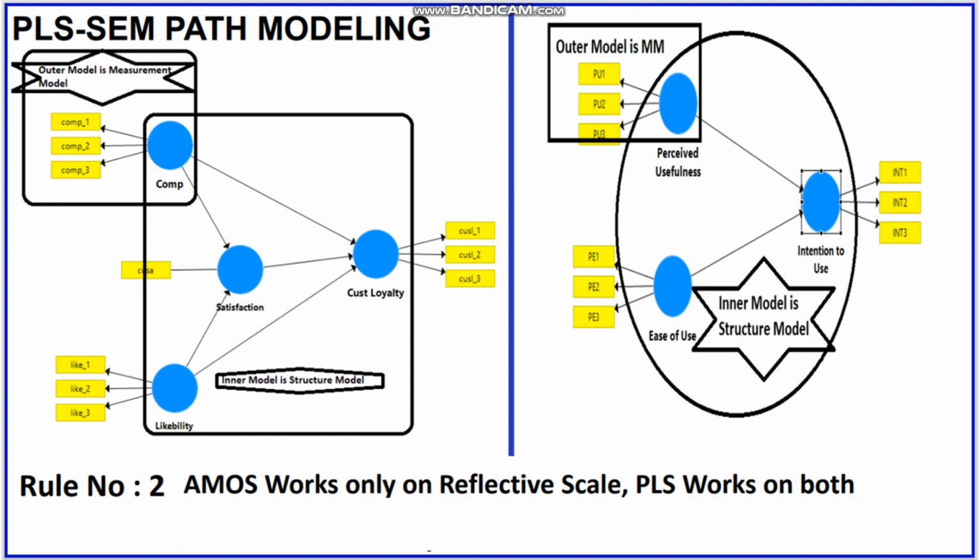The blue circles are your structure model, and for that you will check your hypotheses: whether satisfaction is positively related to customer loyalty or not, likability is positively related to customer loyalty or not, company's reputation is positively related to customer loyalty or not. All those hypotheses we can test using the bootstrapping method. This is known as the inner model, our structure model. Whatever is available in yellow is your outer model, the measurement model.